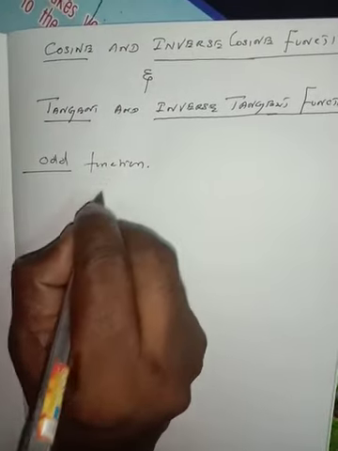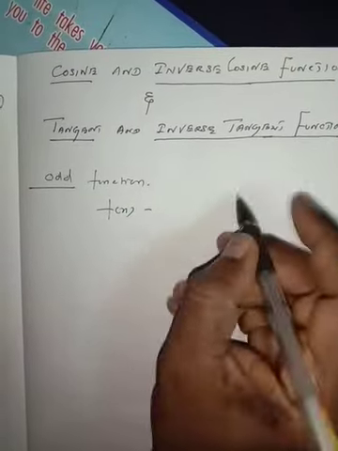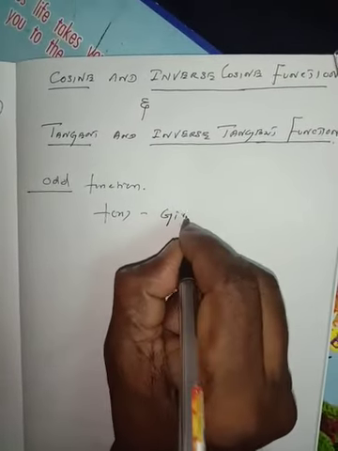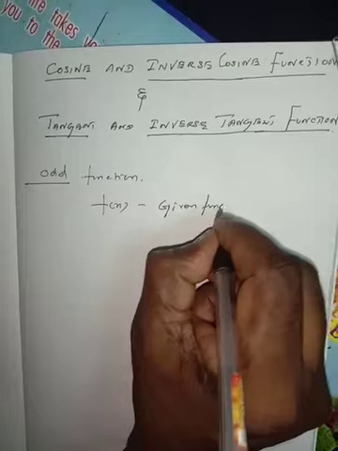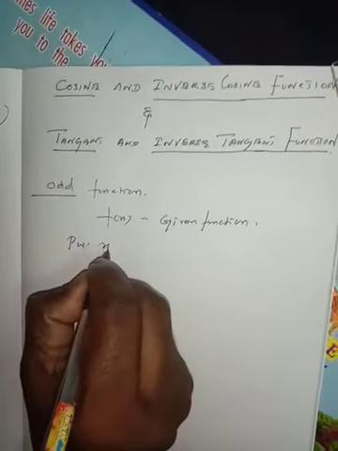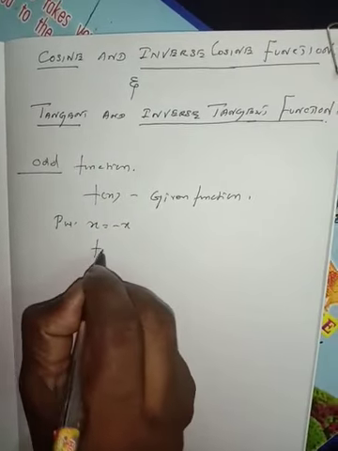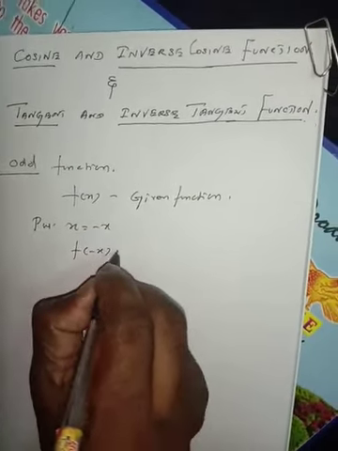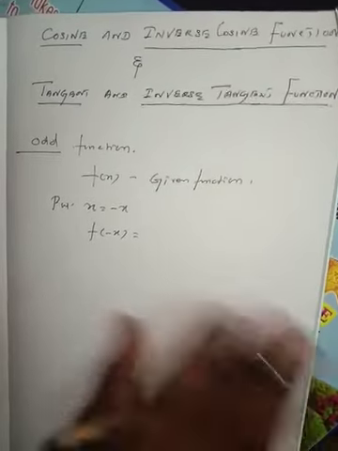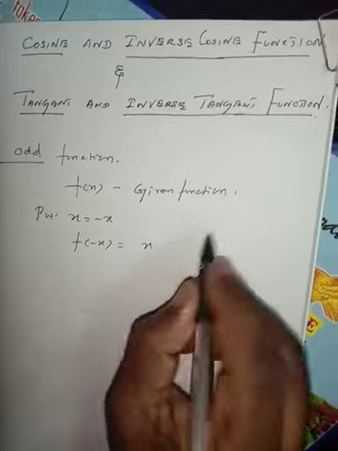f of x is equal to the given function. Put x is equal to minus x. Suppose f of minus x is equal to f of x, the function is even.